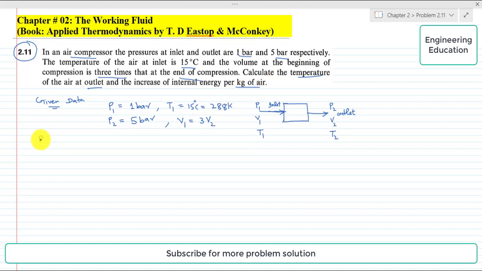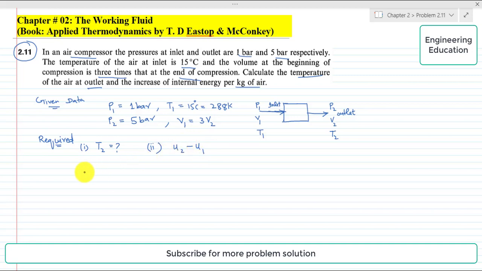So we are required to find 2 terms in this problem. First, we will find the temperature of the air at outlet, that is T2, and second we have to find the increase in internal energy per kilogram, meaning the change in internal energy U2 minus U1.